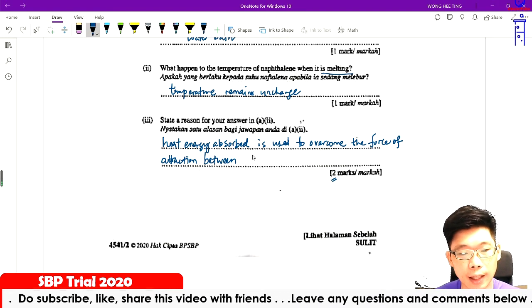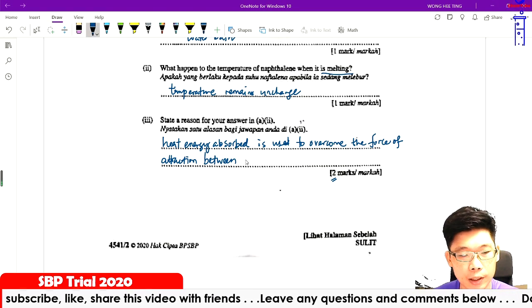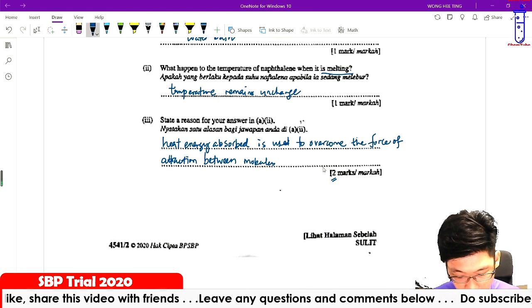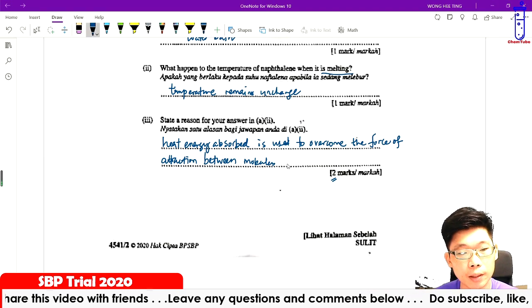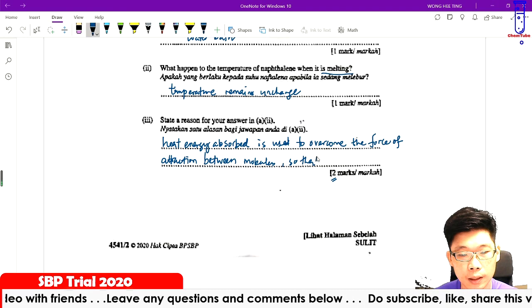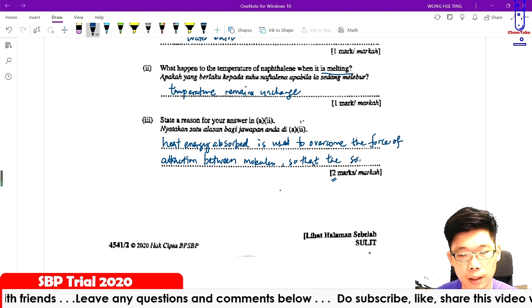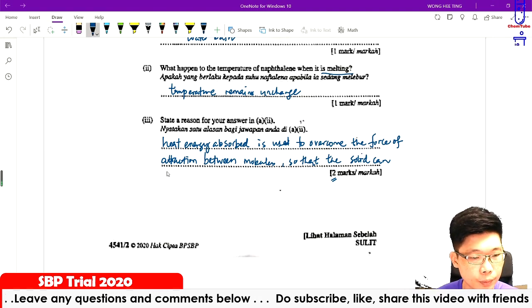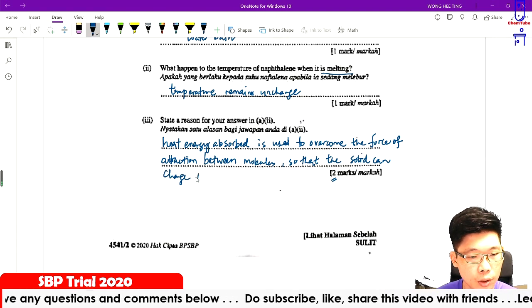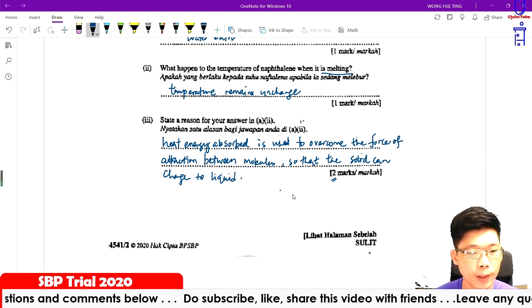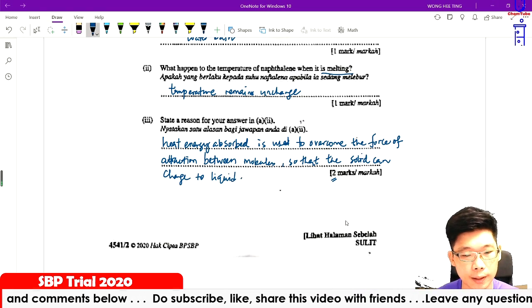So here is naphthalene. So we know the particles here will be molecules. So between the molecules of naphthalene, so that the solid can change to liquid. Okay, so 2 marks here.